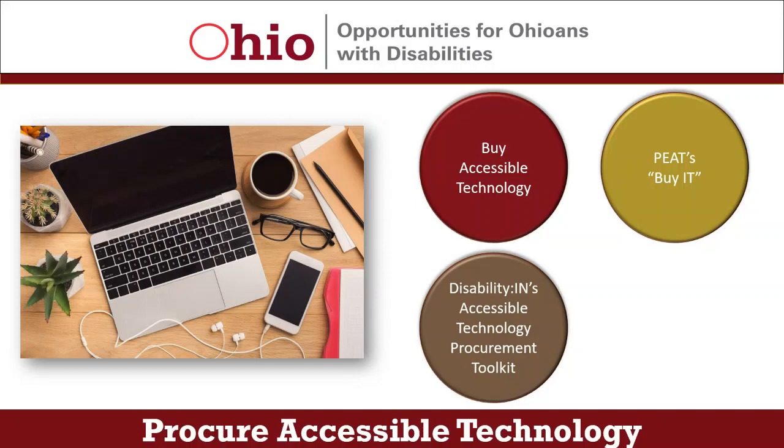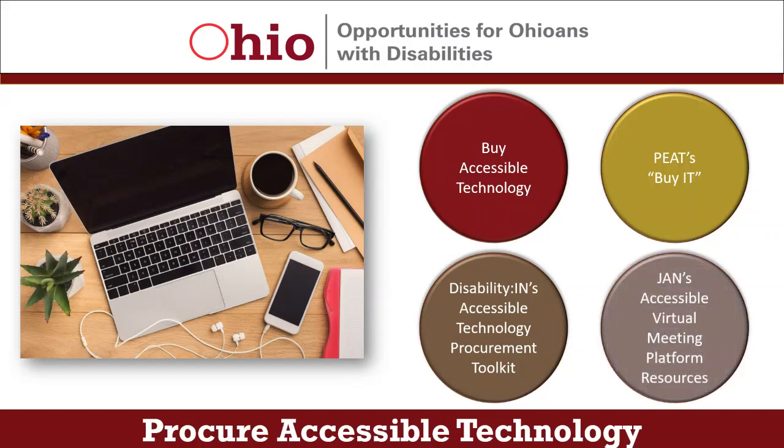This toolkit addresses policies, why accessibility matters, ways to foster a culture that supports accessible procurement, and investigating accessibility. The final resource is from the Job Accommodation Network, known as JAN, and it's called Accessible Virtual Meeting Platform Resources, which lists several platforms and their accessibility components.